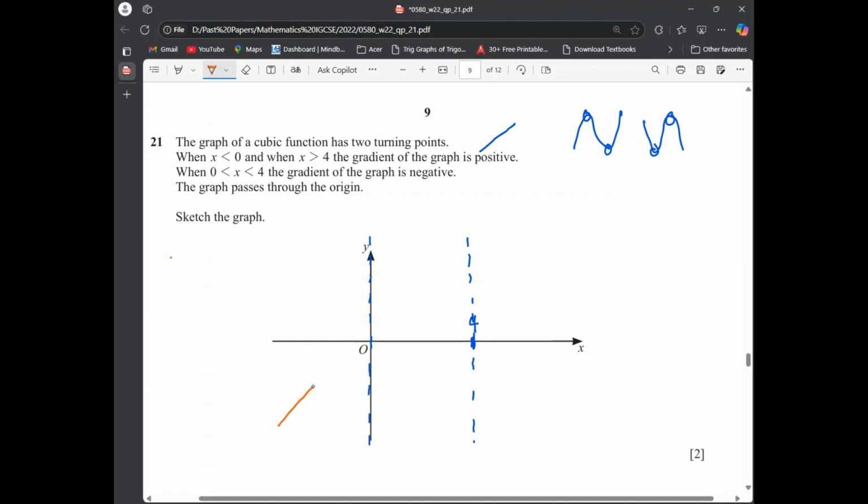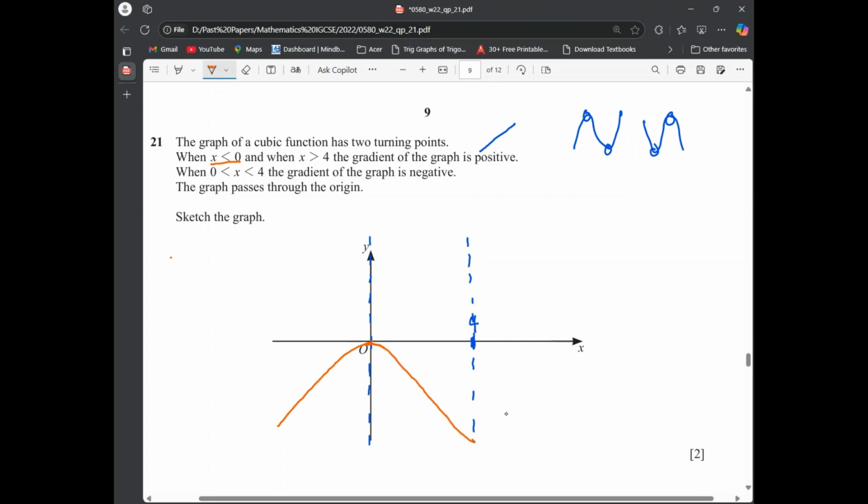So one, the gradient is positive on the left hand side of 0 as shown by that. I believe at 0 we have a stationary point, or we have a turning point. And then between 0 and 4, the gradient becomes negative, so it's sloping down.